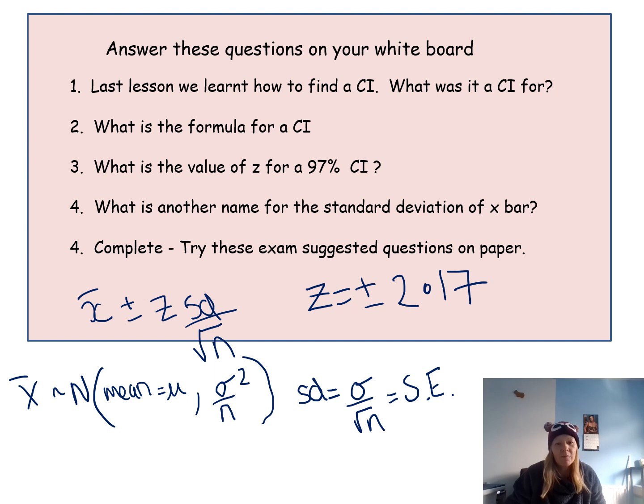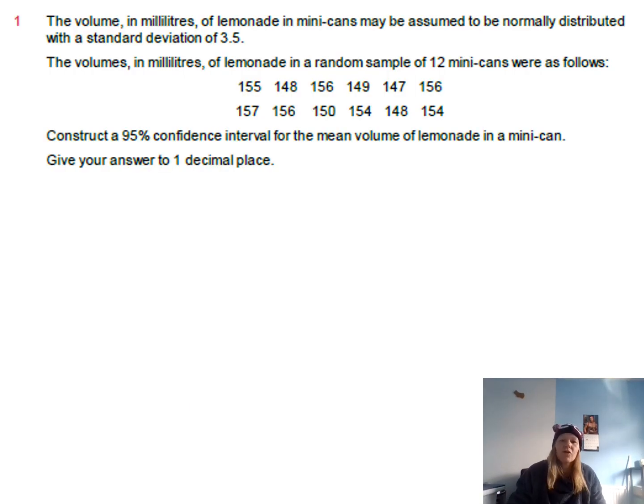It says complete and try these suggested questions on paper. So I did give you a handout with these on, I wonder if you've still got it. Otherwise you'll have to just watch and pause the video. So here's the first question. It gives some numbers, tells you the standard deviation is 3.5, normally distributed.